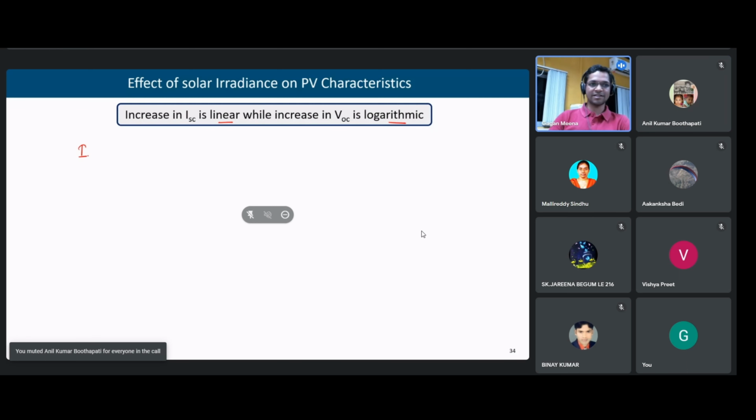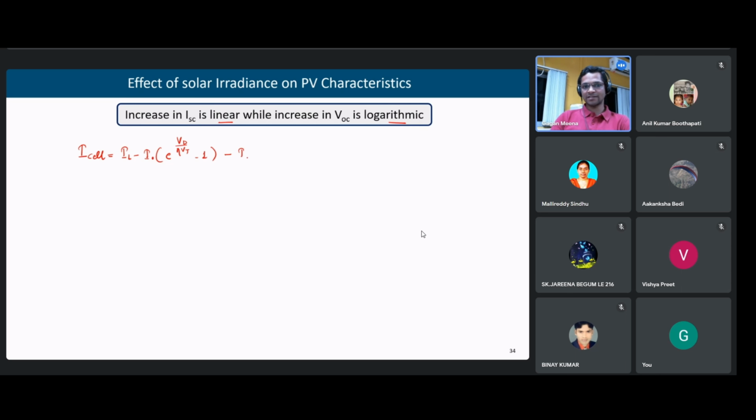So we have seen this equation, right? I cell is IL minus I naught, exponential of V by eta VT minus 1, minus ISH. Here V is the voltage across the diode. Let me draw it here. This is V cell, and RSH.